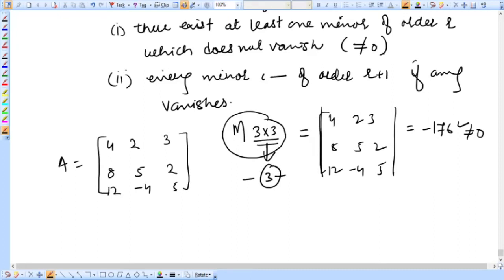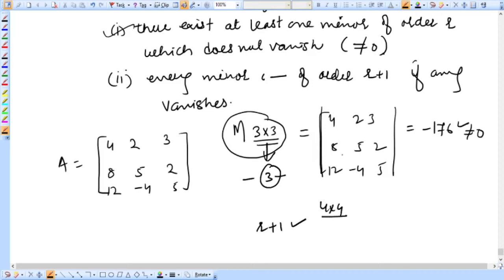But the second definition says any minor of order r plus 1, if any exist, should be 0. Since there is no minor of 4 by 4 here, or 5 by 5, because this matrix is only of order 3 by 3, there is no possibility of a minor whose order is 4 by 4.